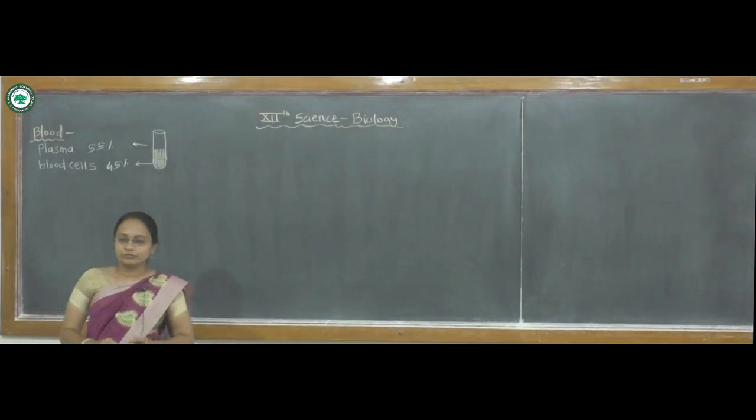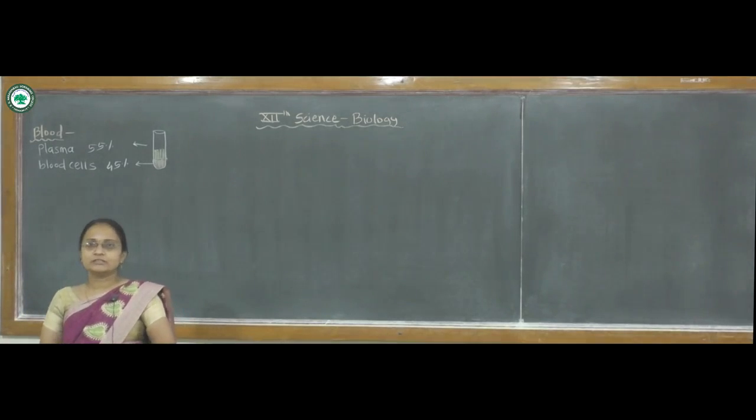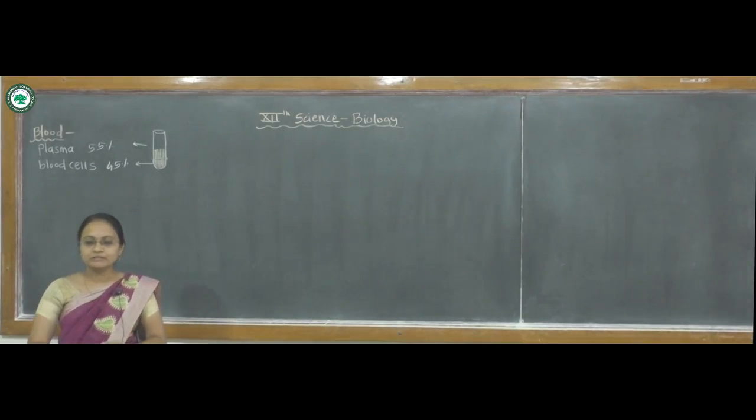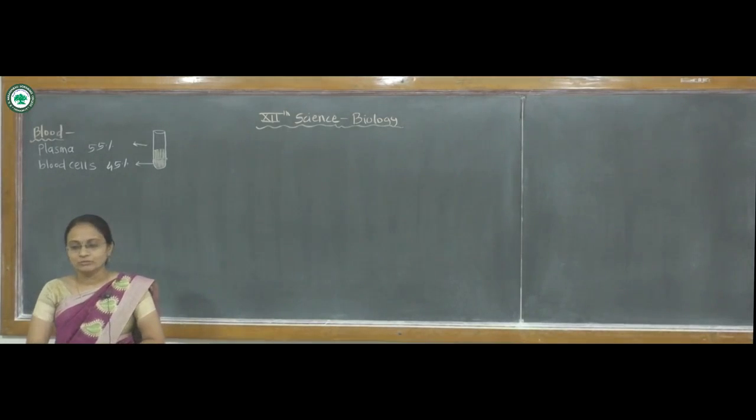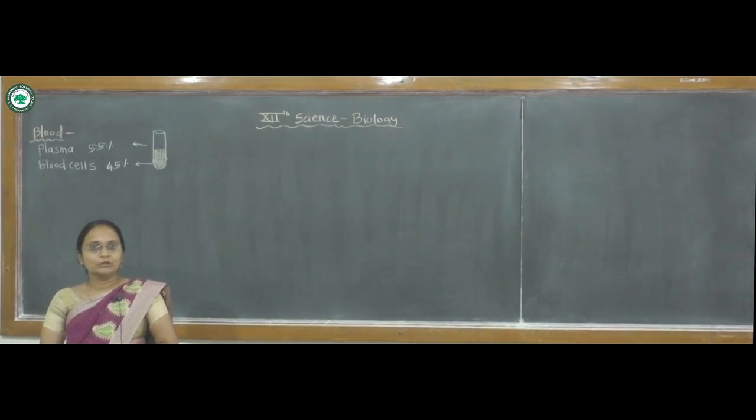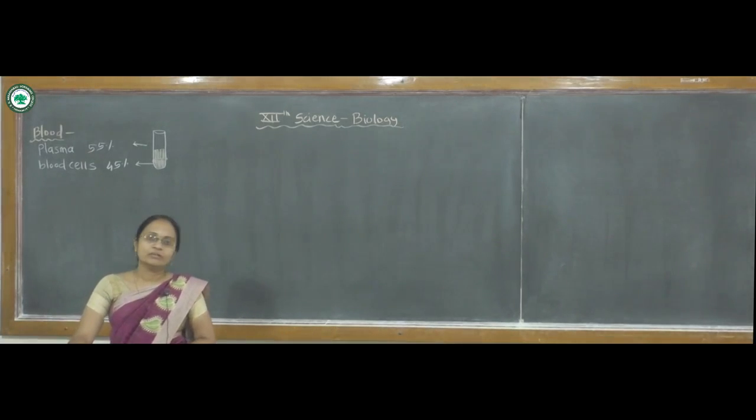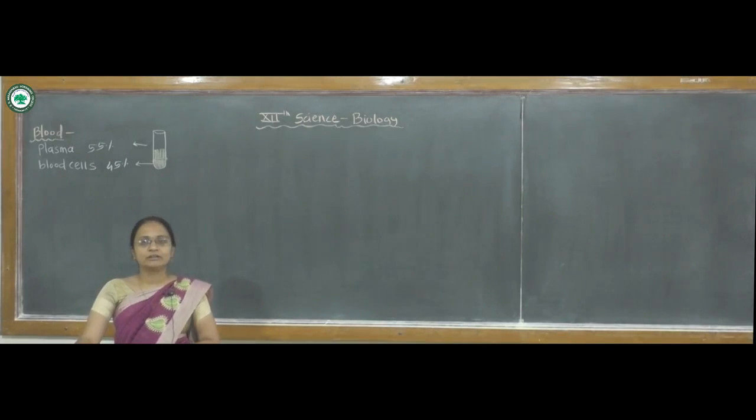The study of blood is known as hematology, and blood is derived from the mesoderm during embryonic development, because when fertilization takes place, the three germ layers, ecto, endo and mesoderm, originate, and from each germ layer different organs originate.